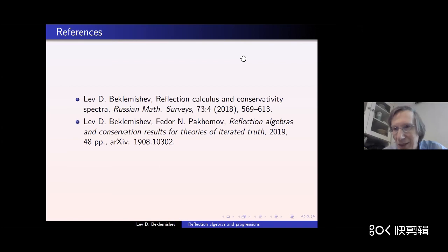We know that it is independent of some stronger systems of second-order arithmetic like ATR naught. The finite version of Kruskal's theorem is a pi2 statement which is independent of something stronger than PA.